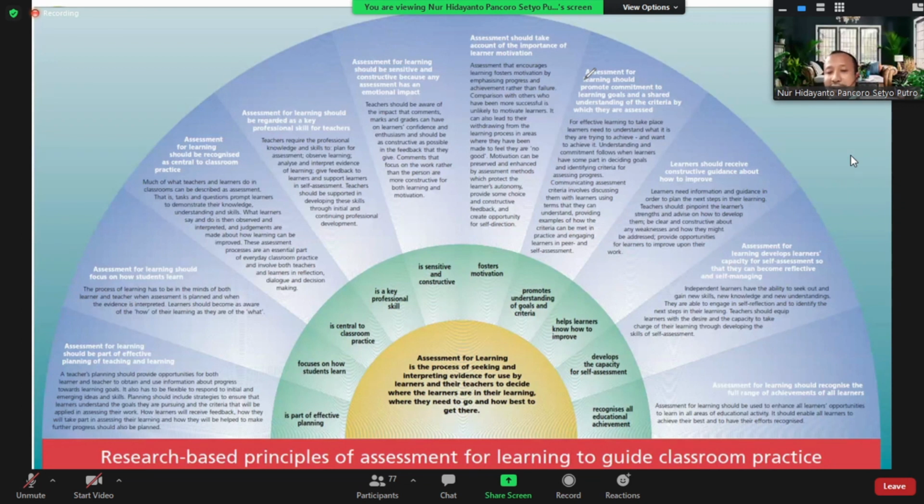And the last point is that assessment for learning should recognize the full range of achievements of all learners. So remember, some of your students might be very, very excellent, out of the normal distribution. They might be at 2.5% at the top of the normal curve.